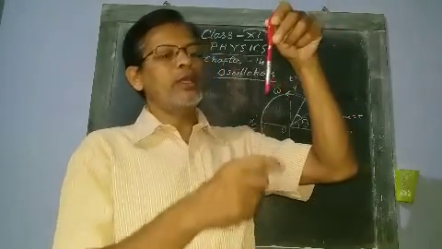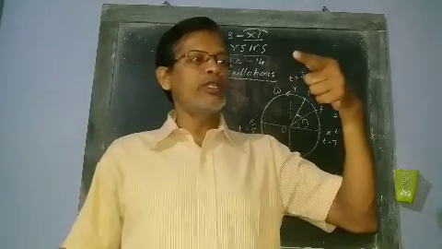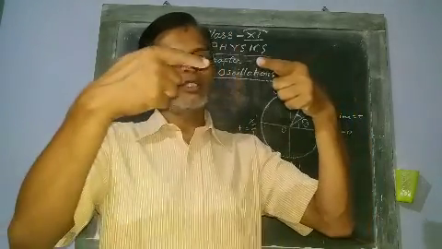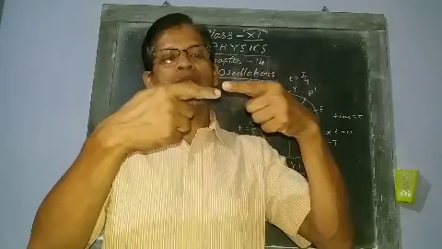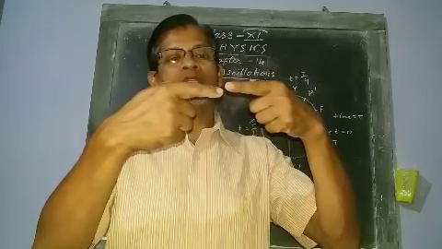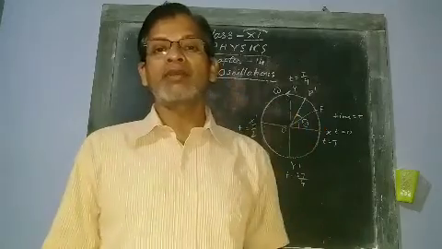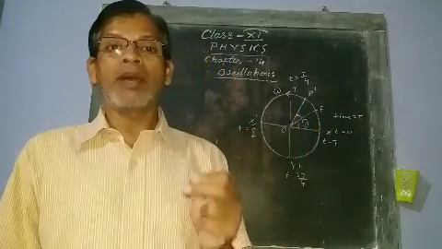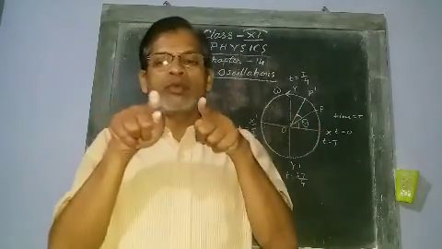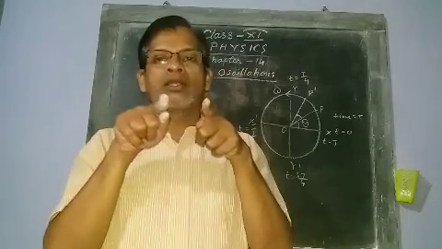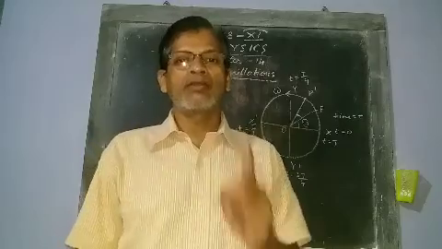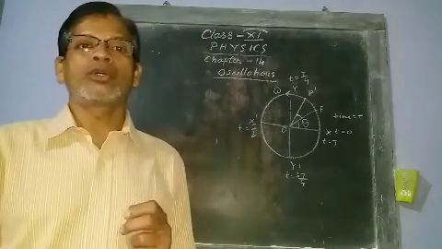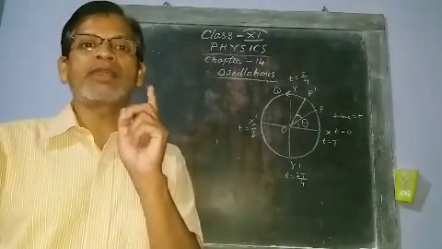When one body moves in this direction, and another body is moving in the opposite direction while crossing the mean position, then their phase difference is pi. And when they are moving in the same direction at the mean position, then their phase difference will be 0. That means they are in same phase.